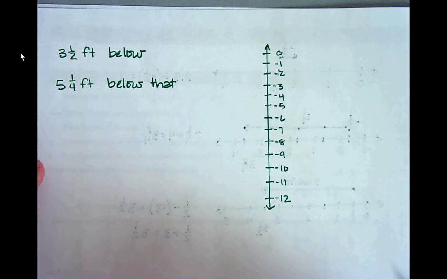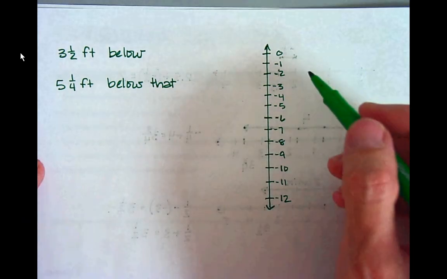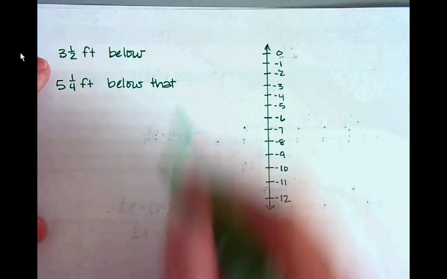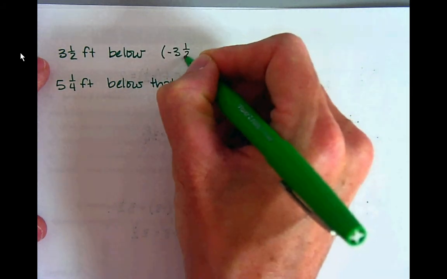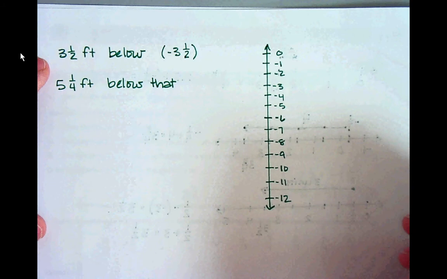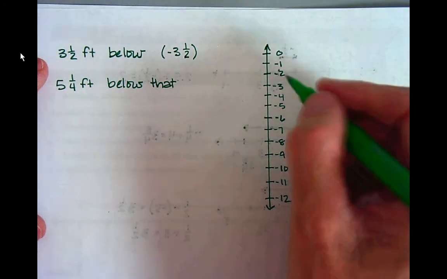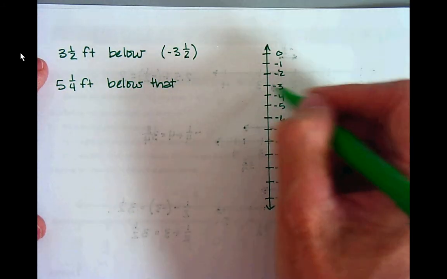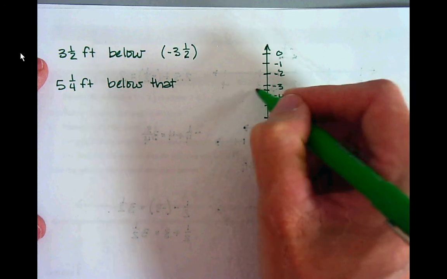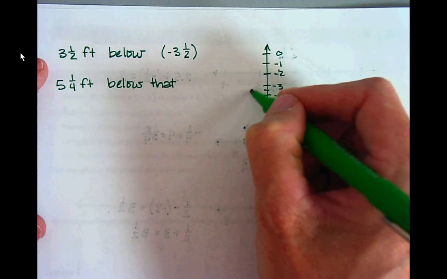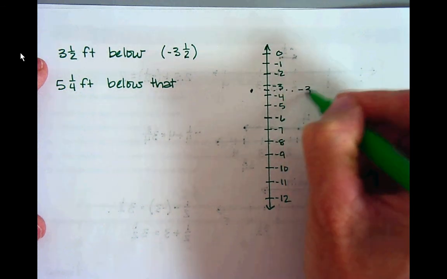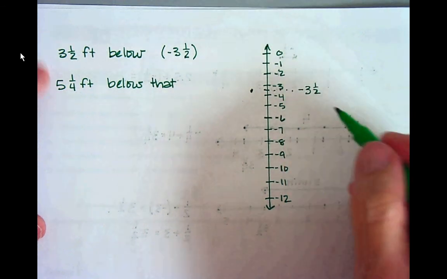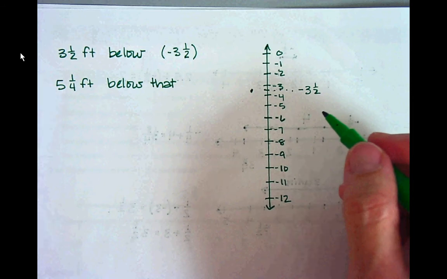So if the fish already started at 3.5 feet below, then as an integer that is minus 3.5. So on my number line, that would be right here, because this right here is minus 3 1/2. Then it dropped 5 1/4 below that.